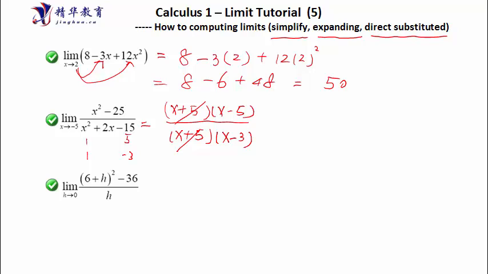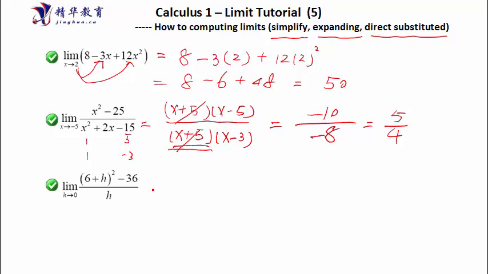Once we cancel, let's substitute -5 again. We don't have the problem anymore. That means x plus 5 was the troublemaker. We killed the troublemaker, so we're fine. We substitute -5: we get -10 on top, and -5 minus 3 equals -8 on the bottom, which is 5/4, and we're done. Make sense? This is solving the limit by using simplification.